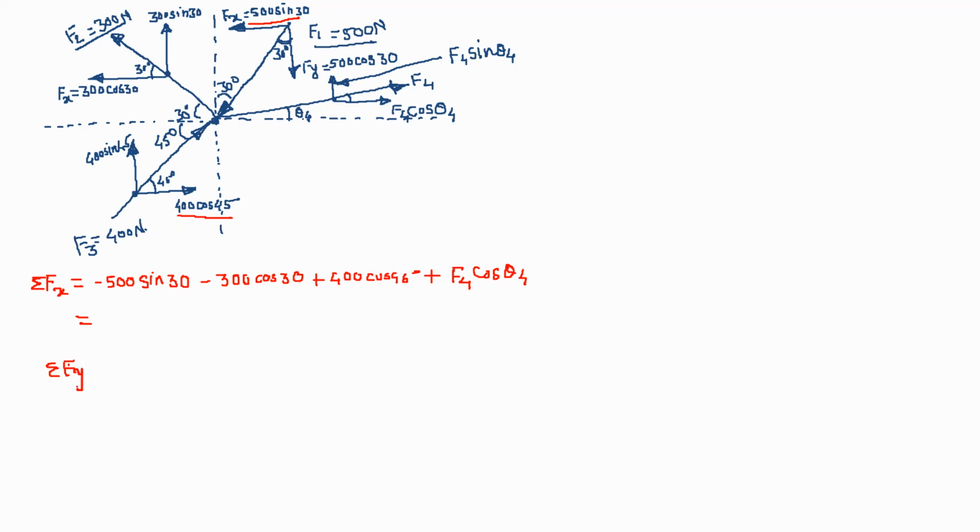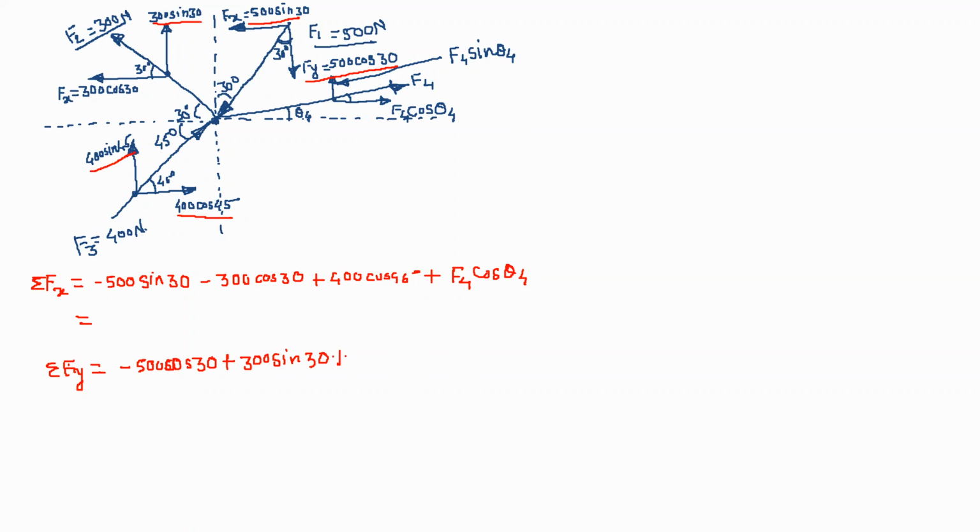Similarly, write down the summation Fy. So start from the F1. So this is the y component, which is equal to 500 cos 30 acting in the negative y direction. So it is minus 500 cos 30. Then second, 300 sine 30. It is plus. Next is 400 sine 45.